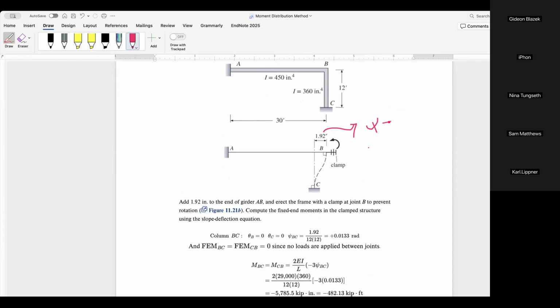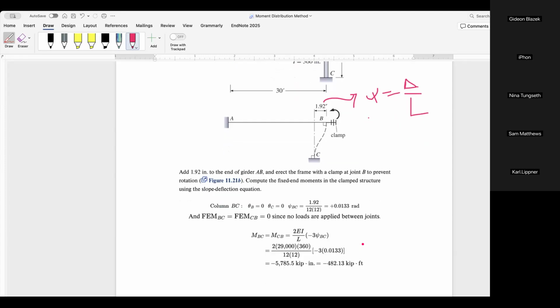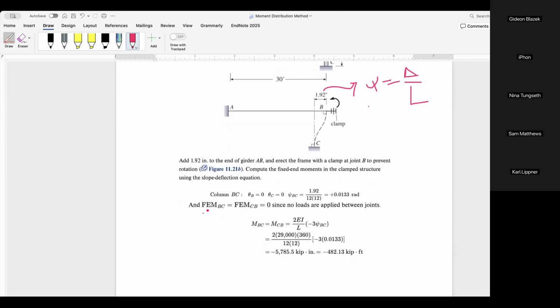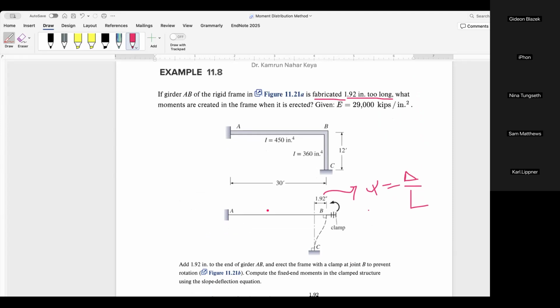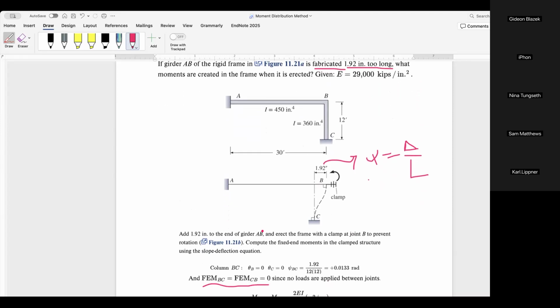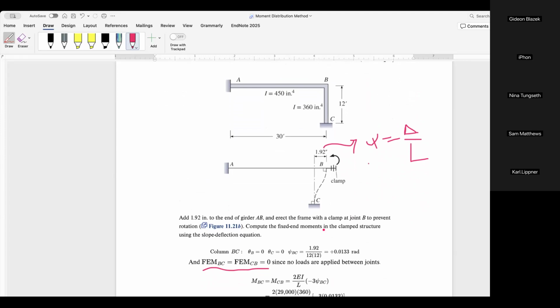Psi equal to deflection divided by L. So we just did that. Then there is no external load applied, so there is no FEM. So FEM equal to 0.